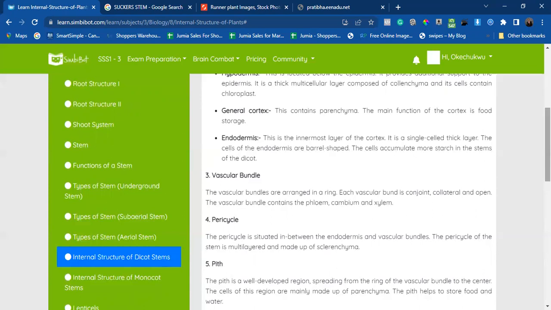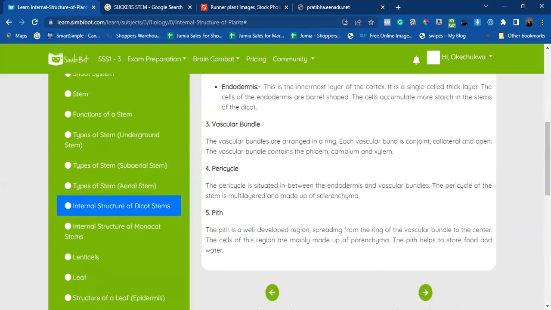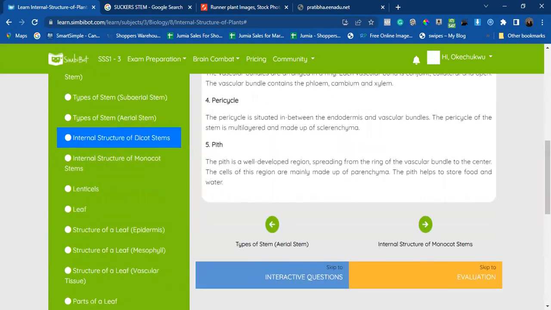The pericycle contains the parenchyma tissue and is found in between the endodermis and the vascular bundles. Sorry. Then the pith. The pith helps to store food and water.